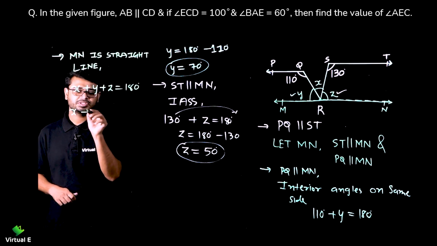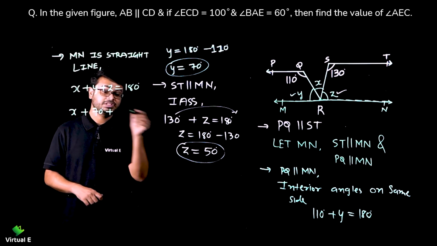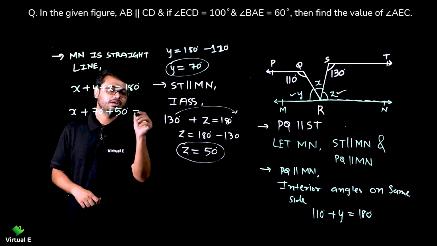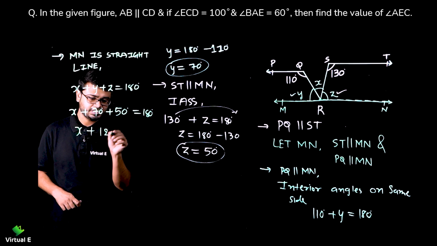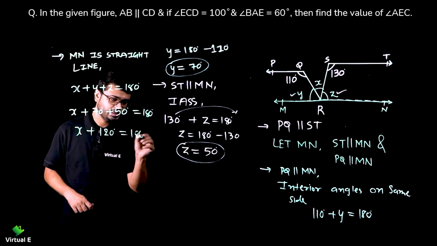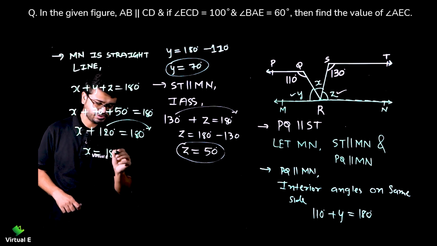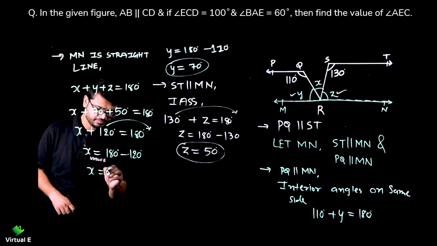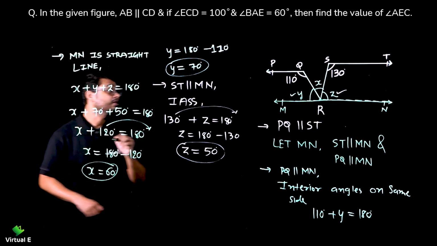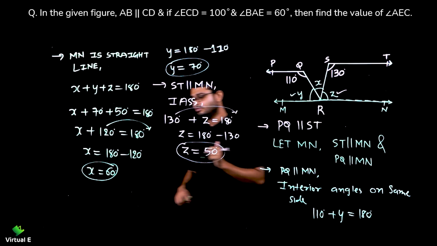Value of x is missing, value of y is 70 degree, value of z is 50 degree, here 180 degree. So x plus 120 degree is equal to 180 degree. Let's shift over that side. So x is equal to 180 degree minus 120 degrees. So x is equal to what? 60 degree. So angle QRS is equal to 60 degree.